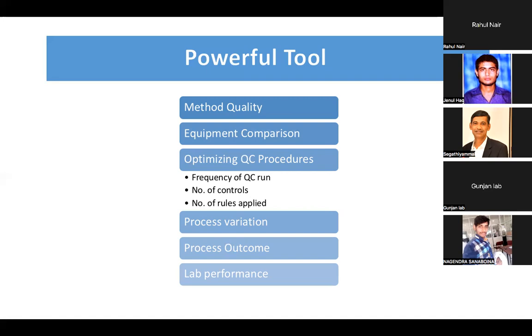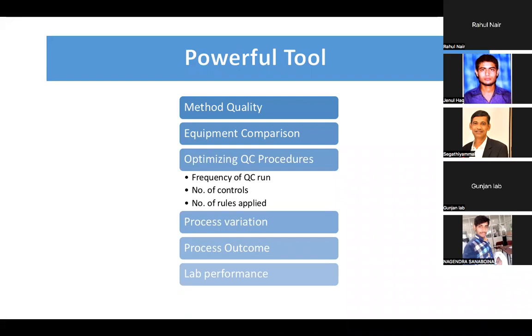We can optimize our QC procedures. Suppose at present we are running 2-level control twice a day, and we are working at a very high Six Sigma level, suppose 5.6, 5.7. We can come down from 2-level QC twice a day to 2-level QC in the morning and 1-level QC in the evening, from 4 times to 3 times.